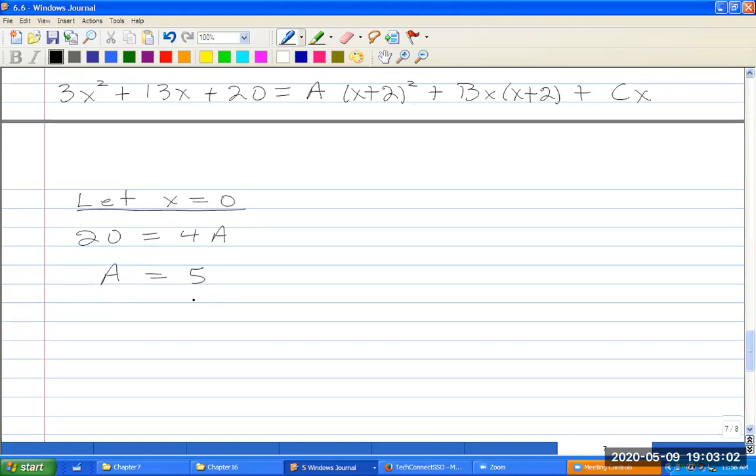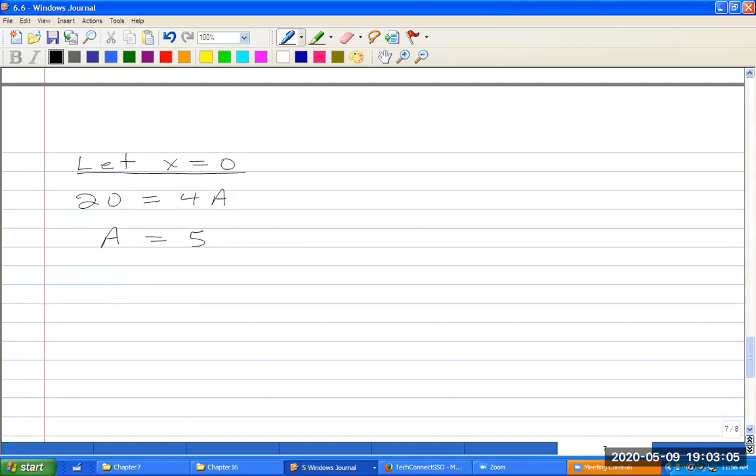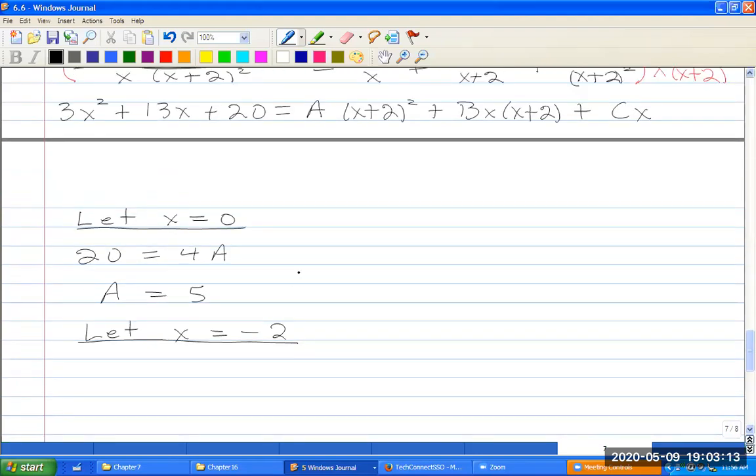Let x equal -2. And so I get 3 times -2 squared plus 13 times -2 plus 20 is equal to, well, 0 squared, that's 0. 0 times anything is 0, minus 2 times c.